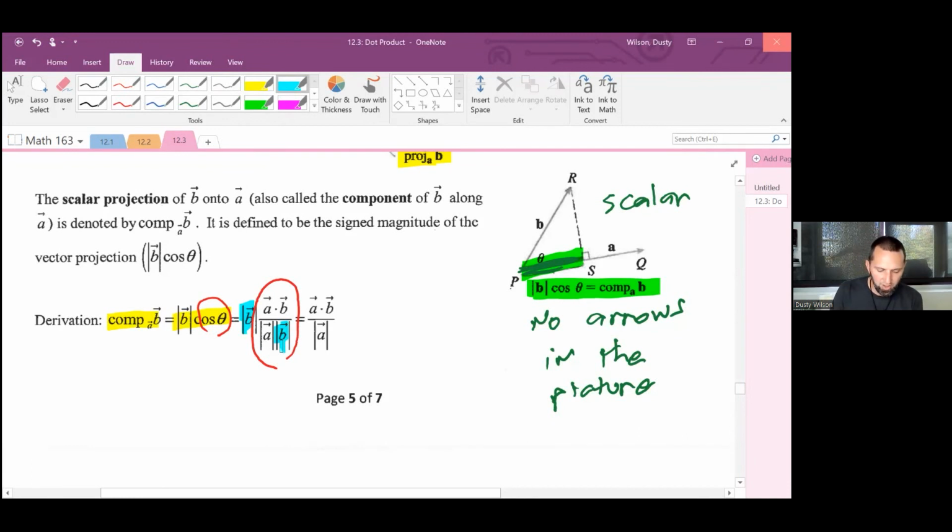Those cancel. And so we get a nice friendly formula for the component of B in the A direction.